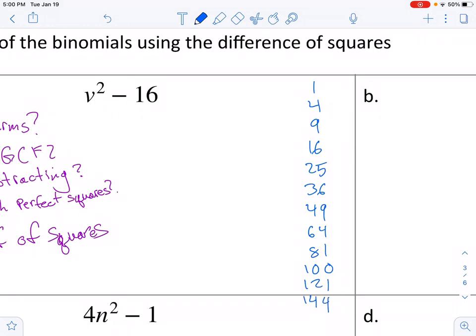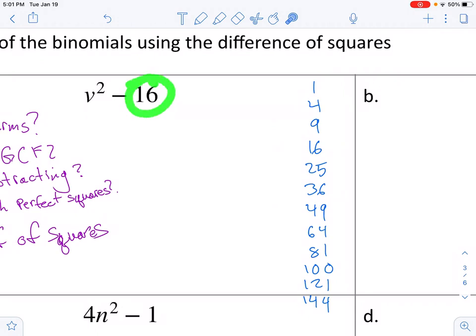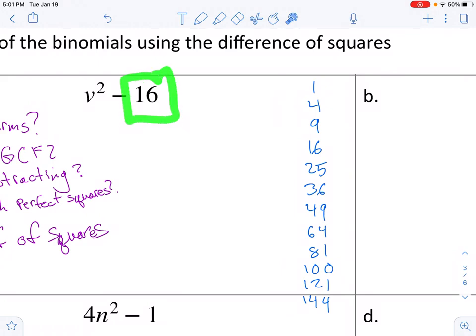So there's all the way through 12. If you really want to see them, do a Google search, all the perfect squares, right? So this is 1 times itself, 2 times itself, 3, 4, 5, 6, 7, 8, 9, 10, 11, 12. So if my number here is one of these, that's a good indication that it's a perfect square.